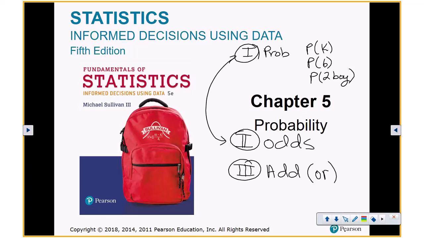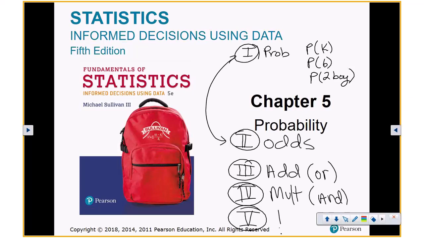Please write that down because by Friday I'll forget it. I always forget "or" and "and." Fourth, the multiplicative property uses the word "and." And then 5, counting, using factorial, which is an exclamation mark.